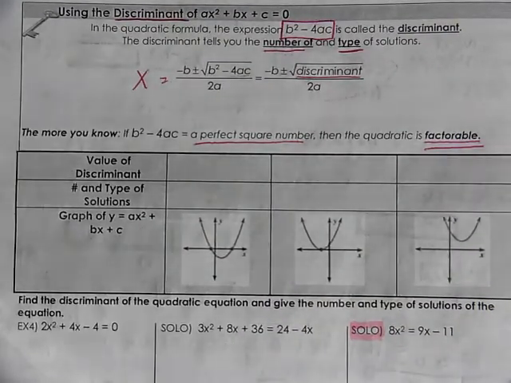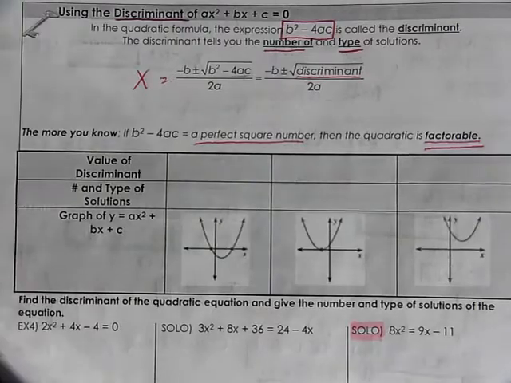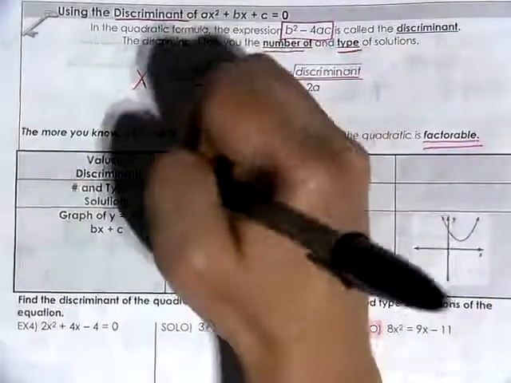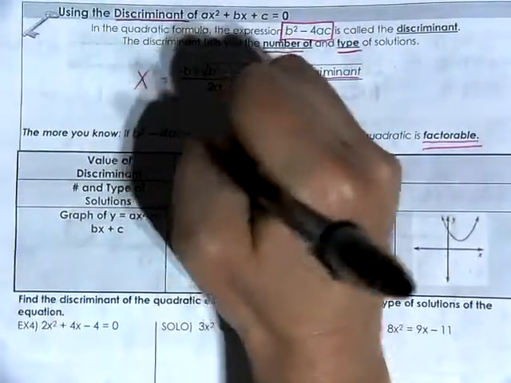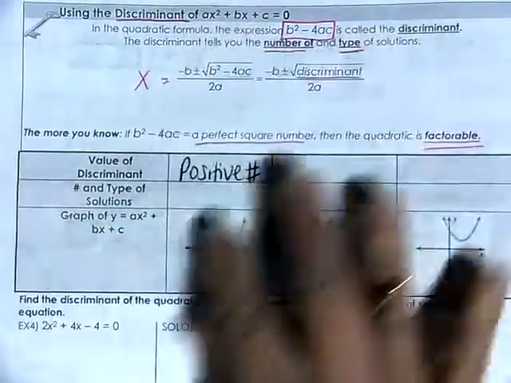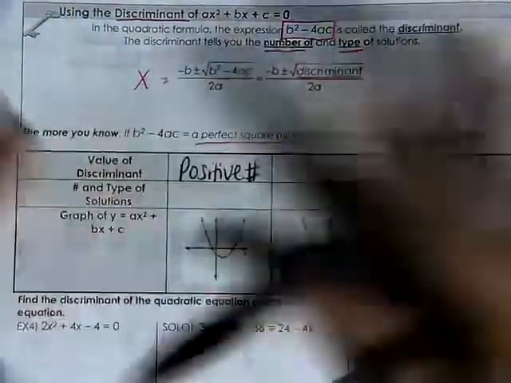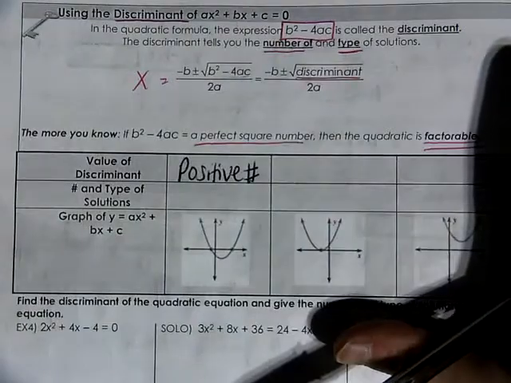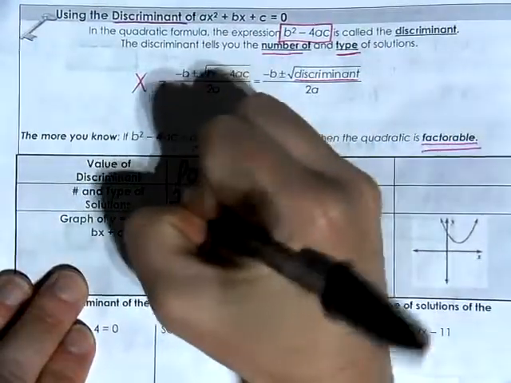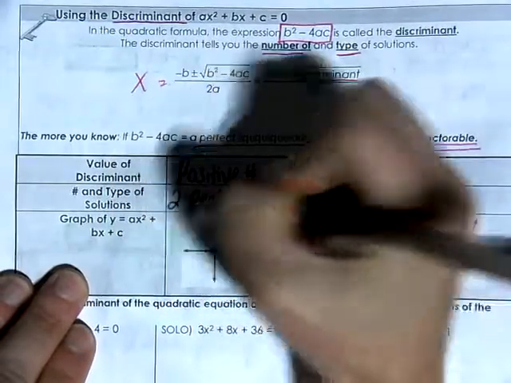Now, to recap on the discriminant, if the discriminant value is a positive number, regardless of if it's a perfect square, if it's any positive number, then you will end up with two real solutions.